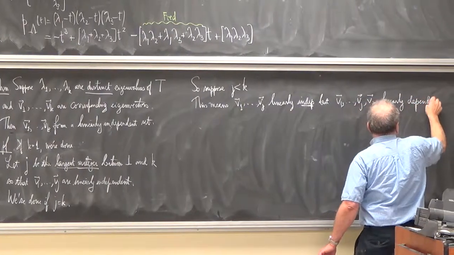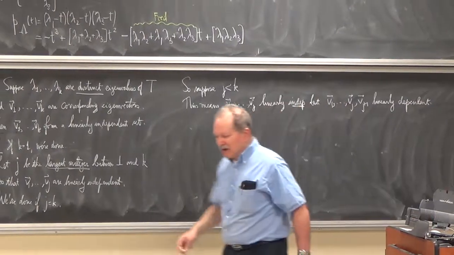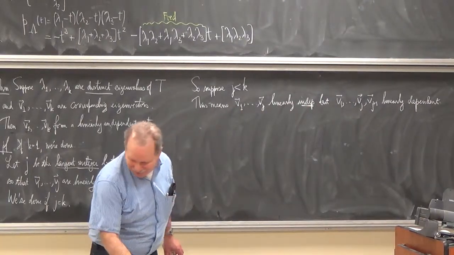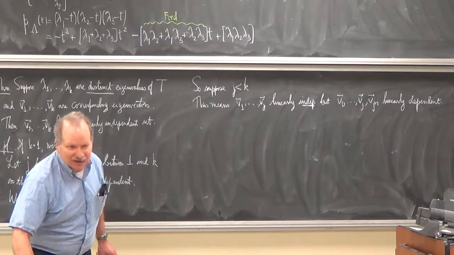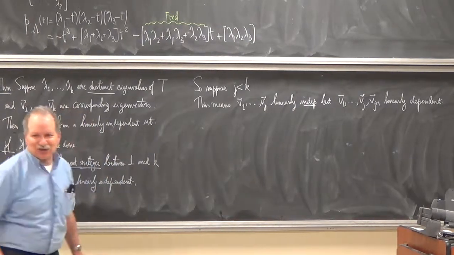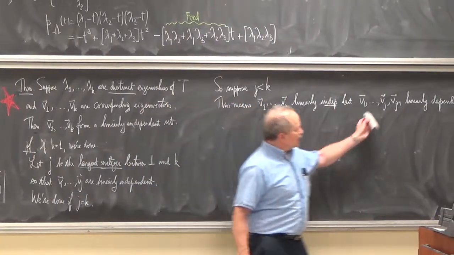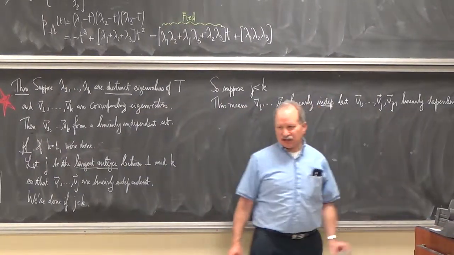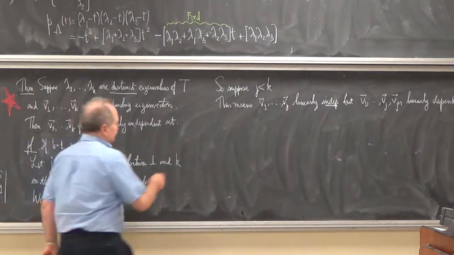How can it happen that you have a linearly independent set, but when you add another vector, it becomes a linearly dependent set? What must be true? You can write that as a linear combination.